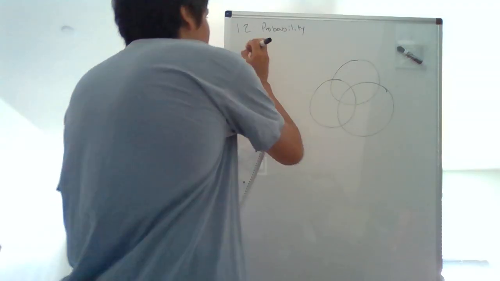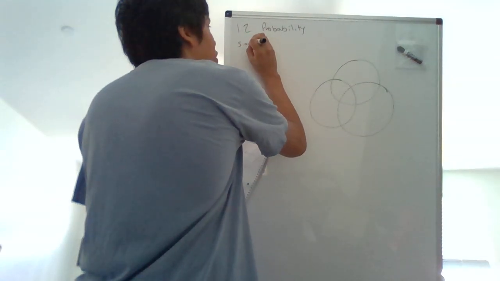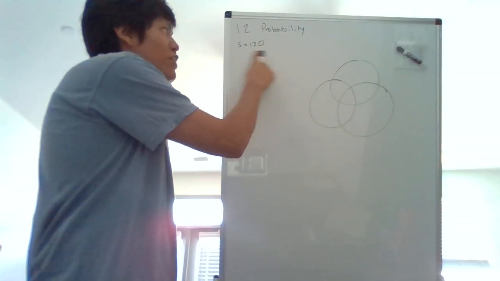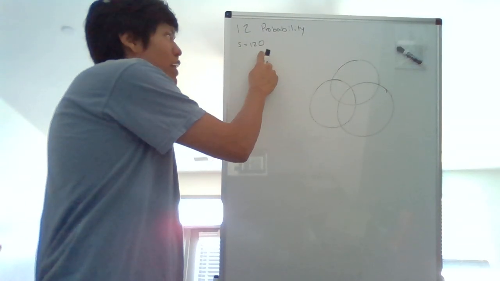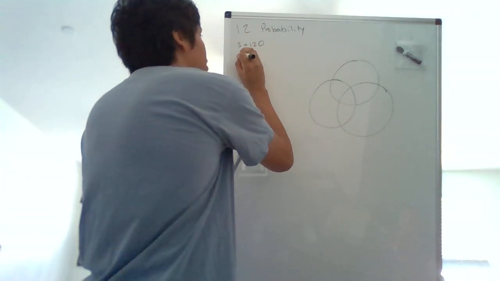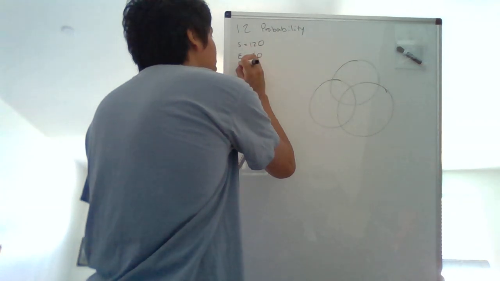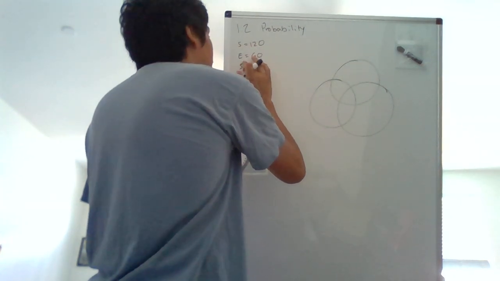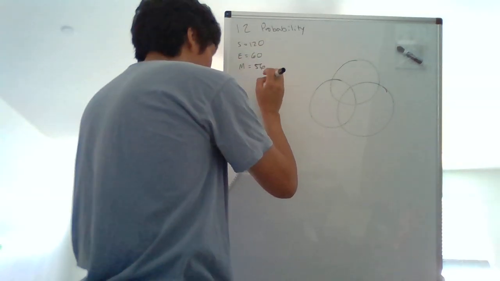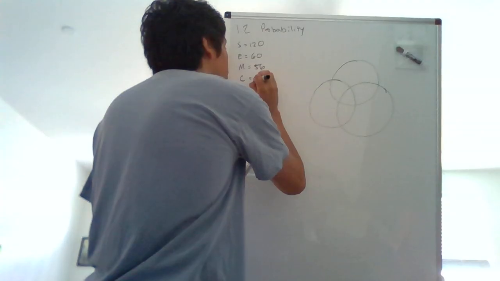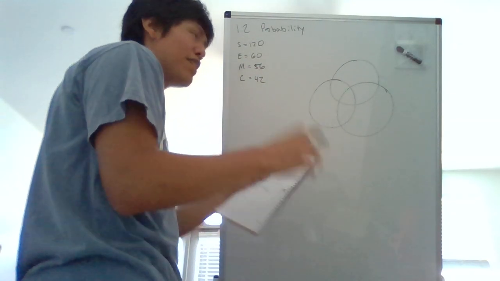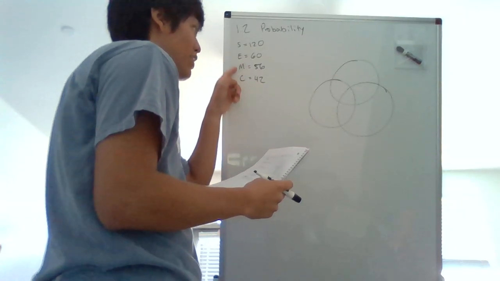Okay, well, the survey included 120 students, so our entire sample space is 120. And out of these 120 students, 60 of them took English, 56 took math, 42 took chemistry. Now we get into the intersection where students took multiple.